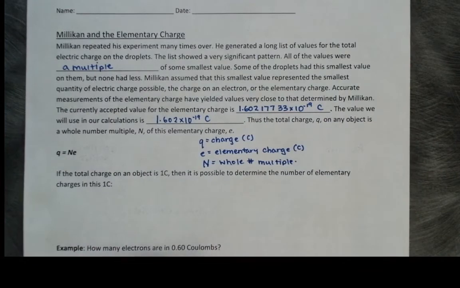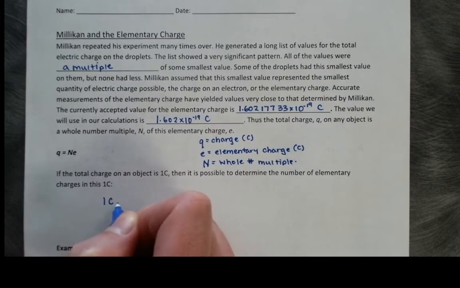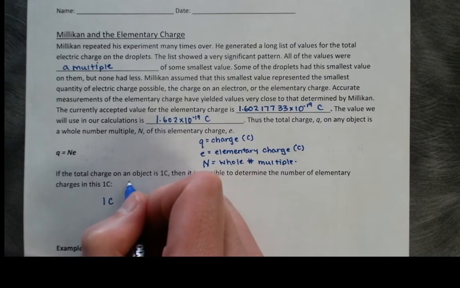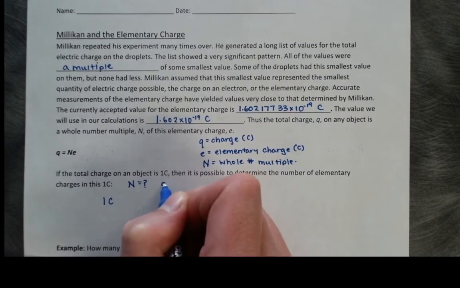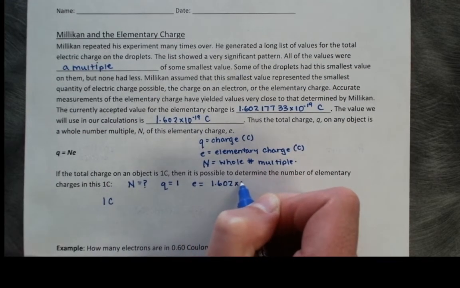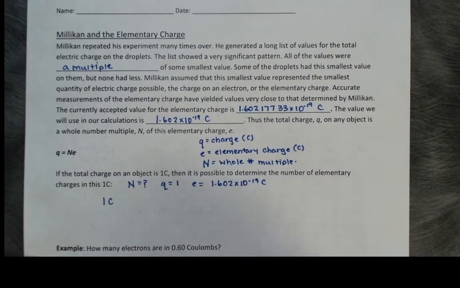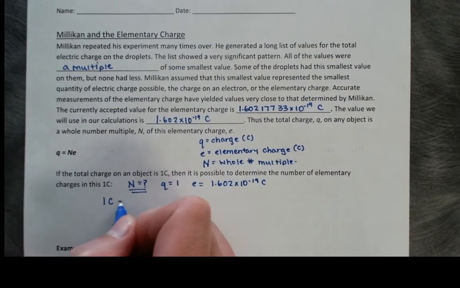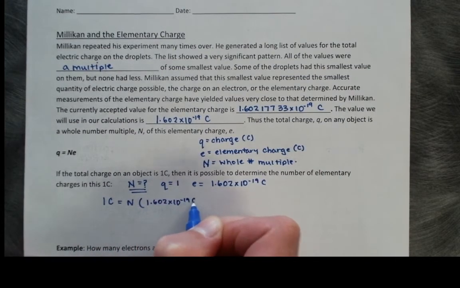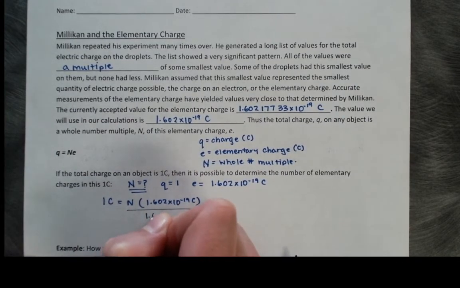Okay? So if the total charge on an object is 1 coulomb, it's possible to determine the number of elementary charges. The number is what we are looking for. Q is going to be 1. E is going to be 1.602 times 10 to the negative 19. Okay? So we're going to solve for N. We're going to divide both sides by 1.602.